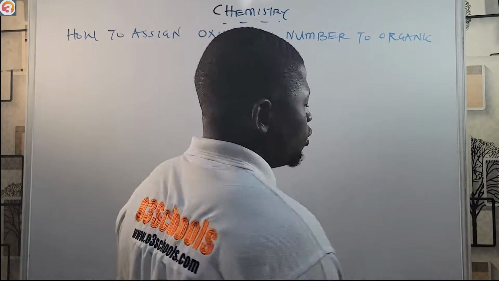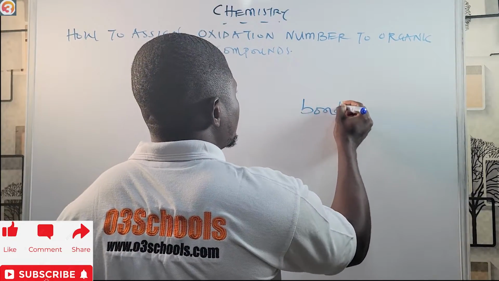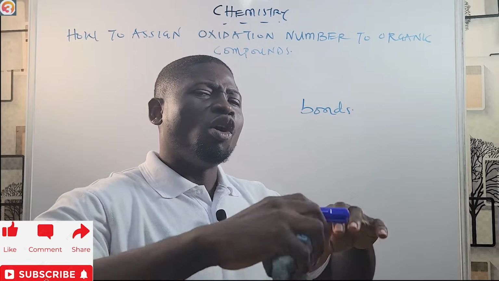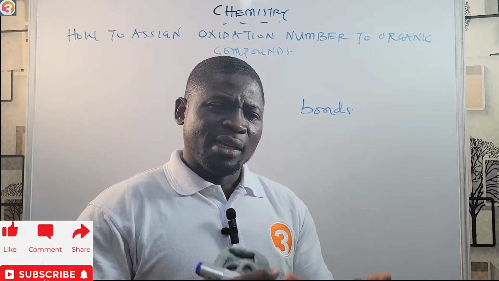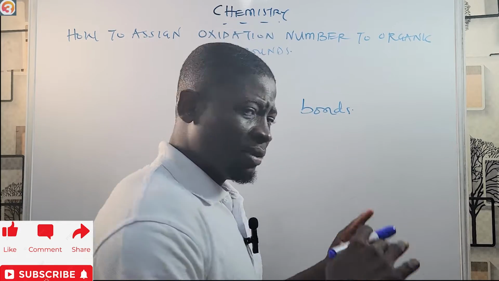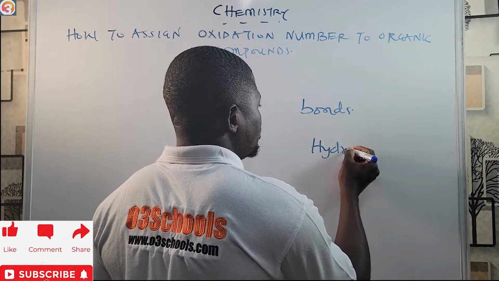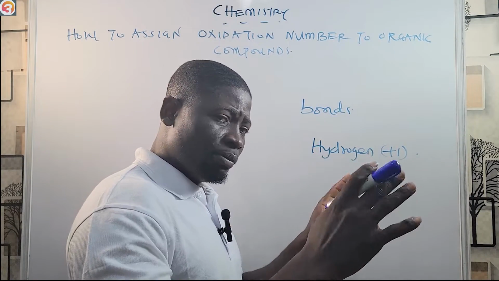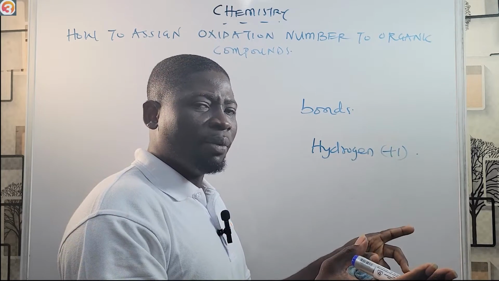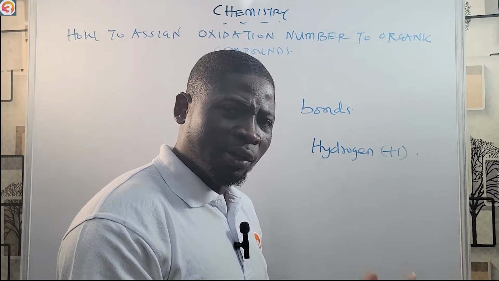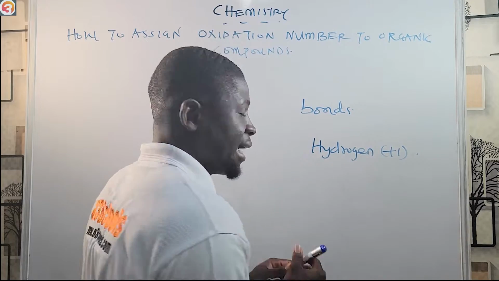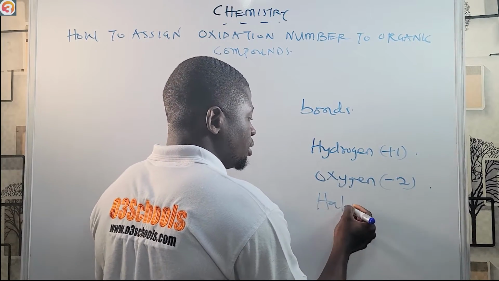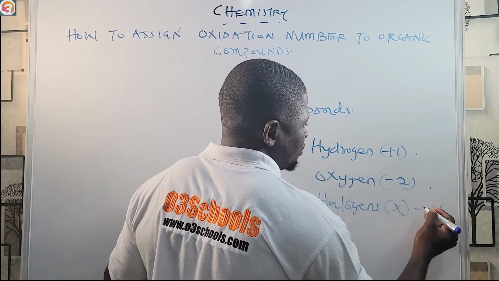Now, when assigning oxidation numbers to organic compounds, bonds are hypothetically broken, and then we remove all the atoms surrounding the carbon atom by assigning oxidation numbers to other elements in the organic compound, like hydrogen +1, like oxygen -2, like the halogens, some people will say X, -1.